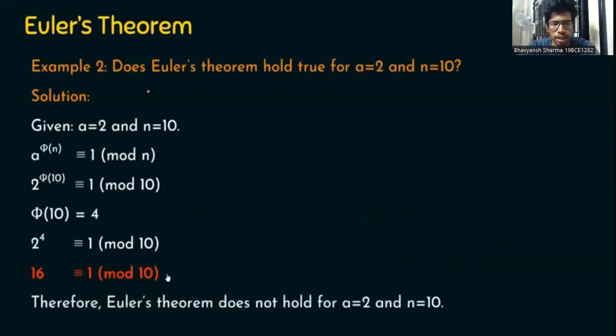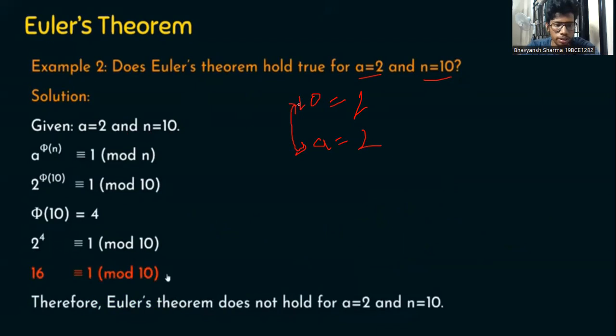Let's take the second example, for a equal to 2 and n equal to 10. Are they relatively prime with each other? No, because 10 has a GCD of 2 and a also has a GCD of 2. Hence, this shouldn't follow Euler's theorem.